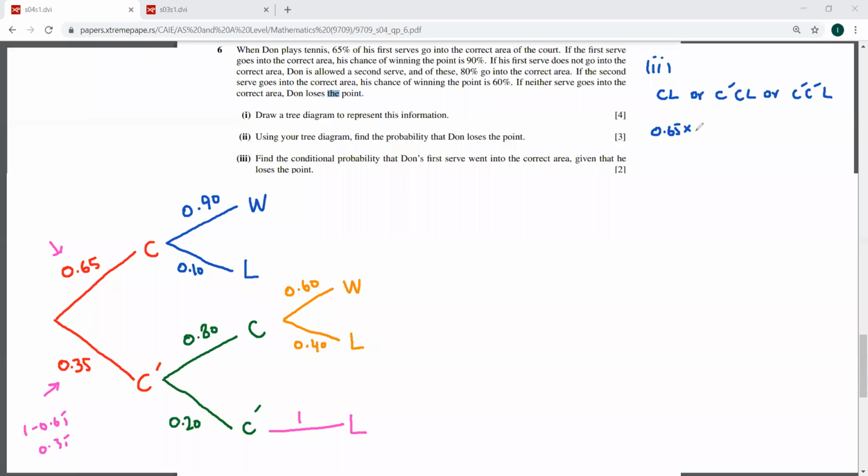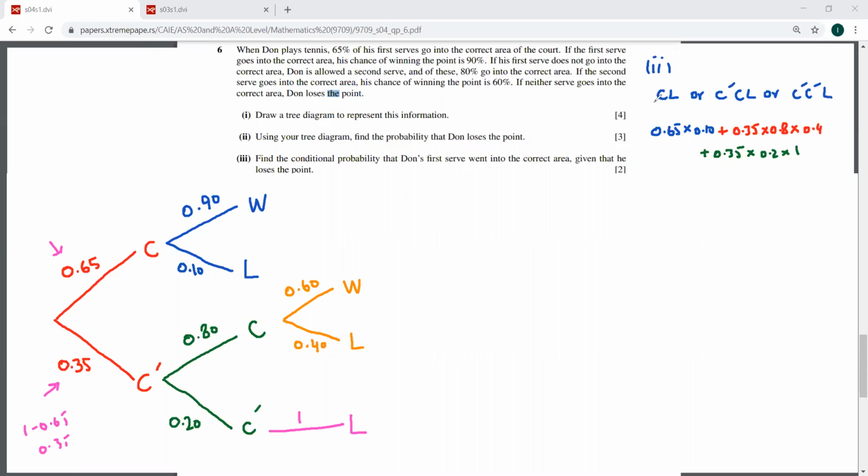So the answer is going to be 0.65 times 0.1, plus 0.35 times 0.8 times 0.4, plus 0.35 times 0.2 times 1.